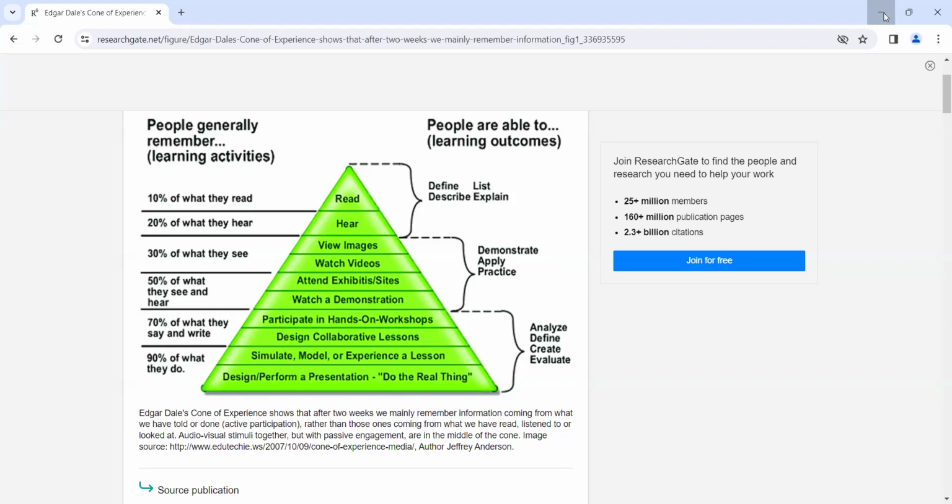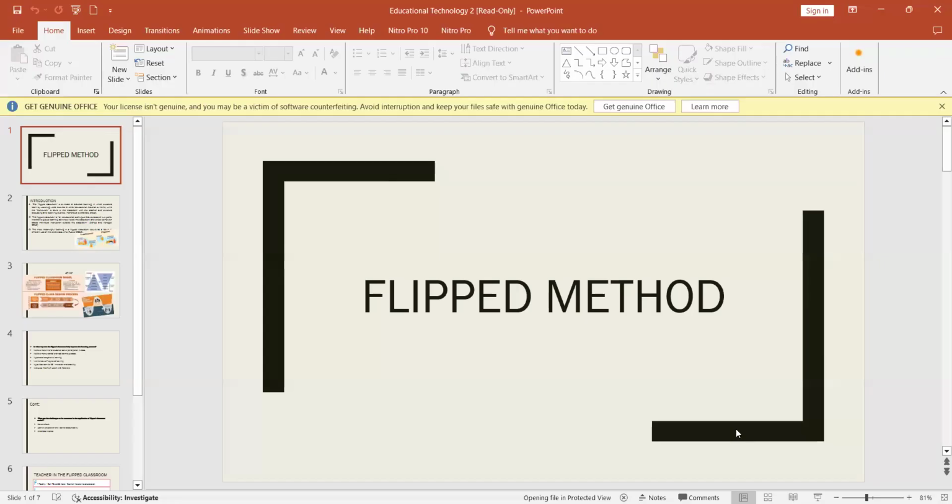Before jigsaw, I think I can teach you flipped classroom. This is another method. Can you see the slides? No, it's not been shared. Let me open. Right, now here, this is another method that you can use to teach in the class.